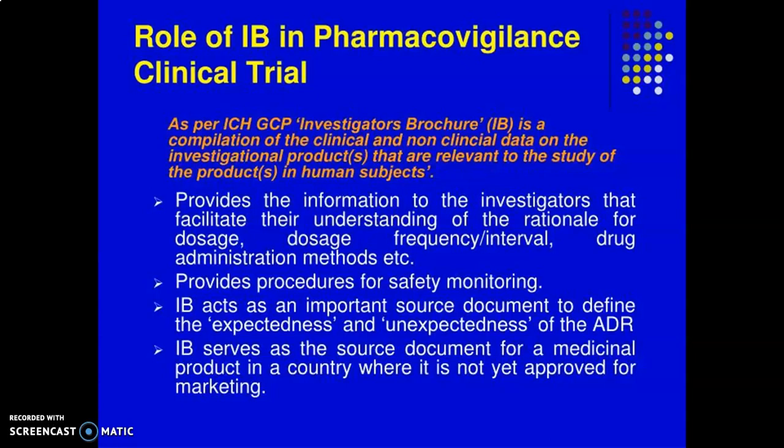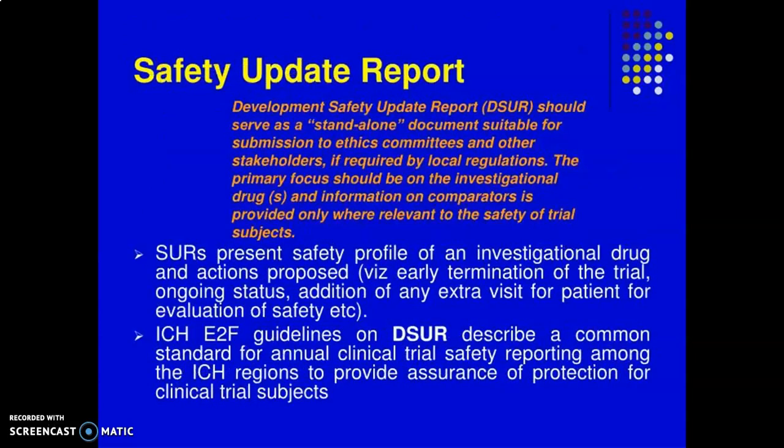The investigator brochure also serves as a source document for the medical product in the country, because the drug is not approved yet, but if somebody asks, the investigator brochure can give complete information about the drug. It can also act as an important source document which can define expectedness and unexpectedness of the adverse drug reaction.